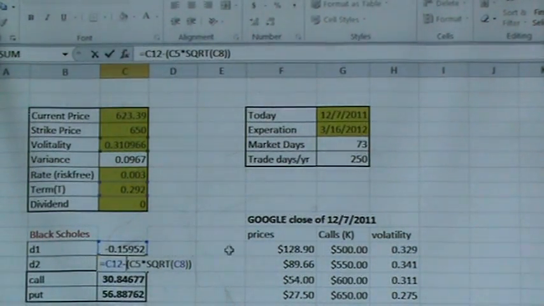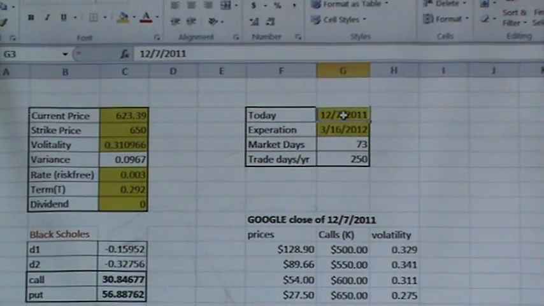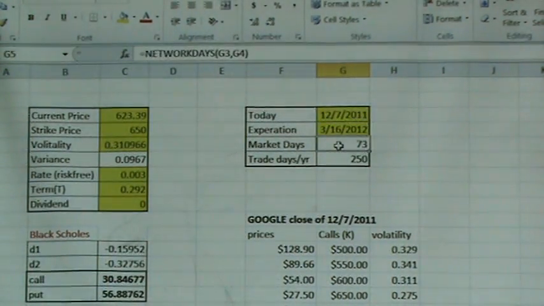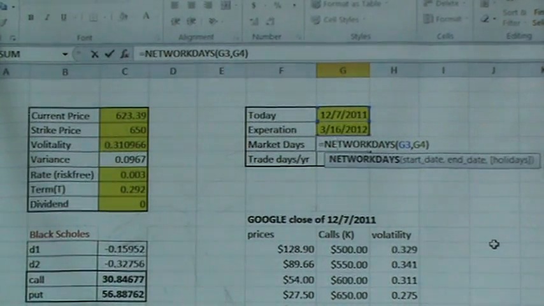Then the way it calculated the remaining time was if you plug in today's date into a box and plug in some point in the future, Excel has a function called NETWORKDAYS. I know sometimes our textbook said some strange things. First of all, it says it's 360 days in a year, right? I don't know if you read the book, and then it says take how many days including weekends from now until the time you're looking at, and then divide it by 360.